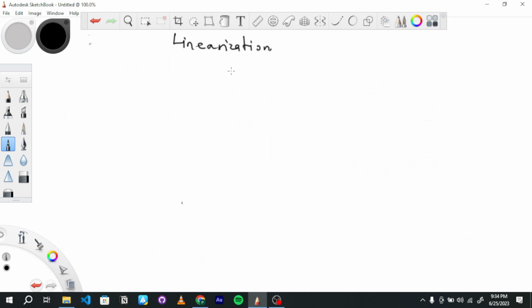Now, with the linearization, a lot was done in the slides, but let me just break it down and talk about the salient points. We said that we can find the time that it will take the drive to change position when there's a disturbance.